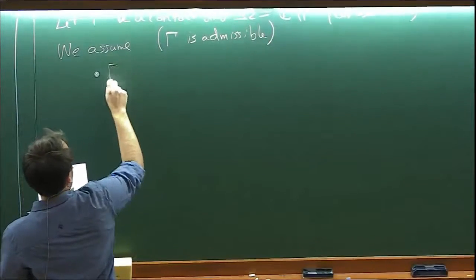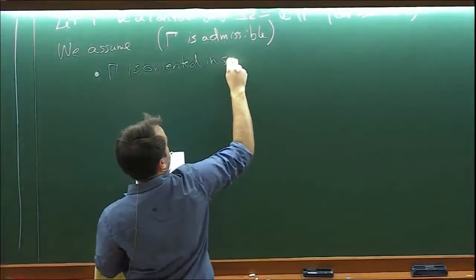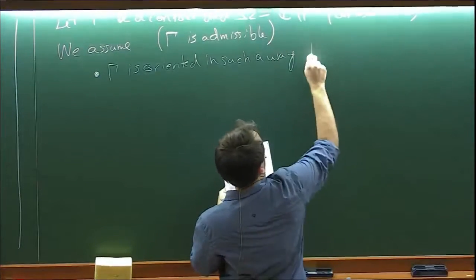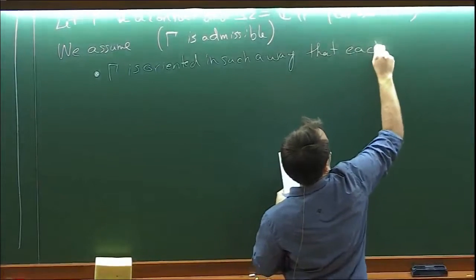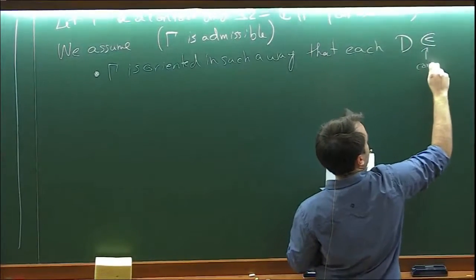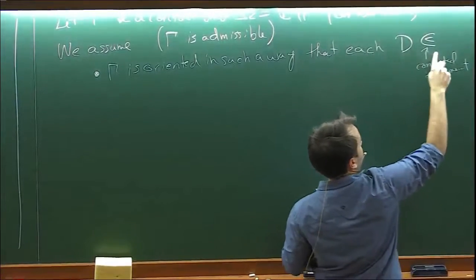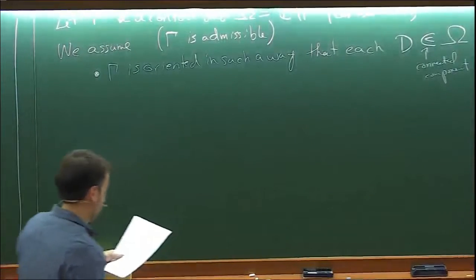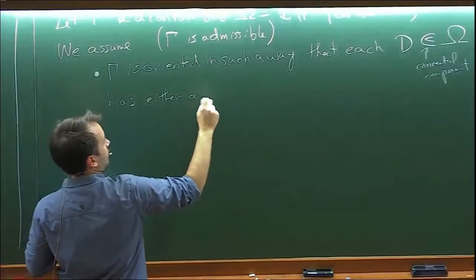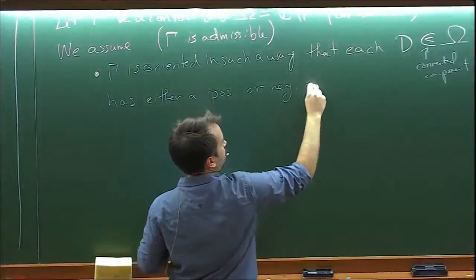The first thing is that gamma is oriented in such a way that each D, and when I use this notation, this means connected component, so that each connected component of omega has either a positively or negatively oriented boundary.